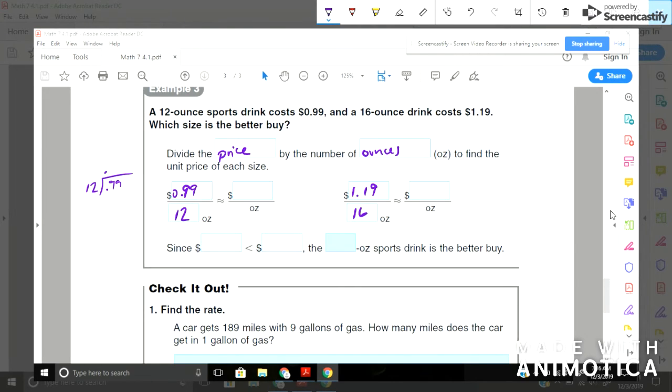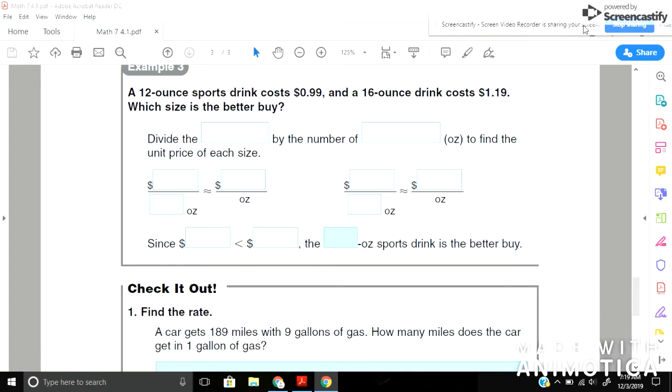Well, let's think about this. 12 times 10 would be 120, so that's too much. So let's try like 8 or 9. Let's just take a guess here. 12 times 8 would be 96 cents.